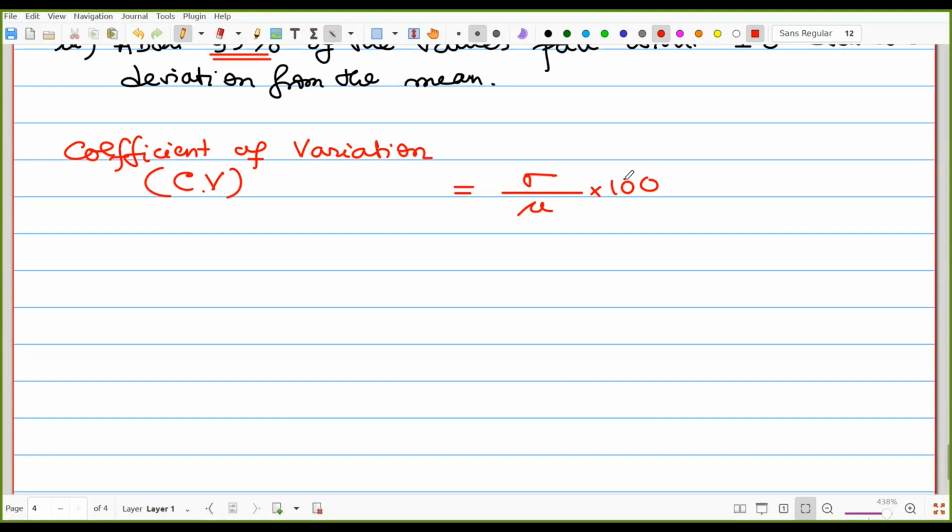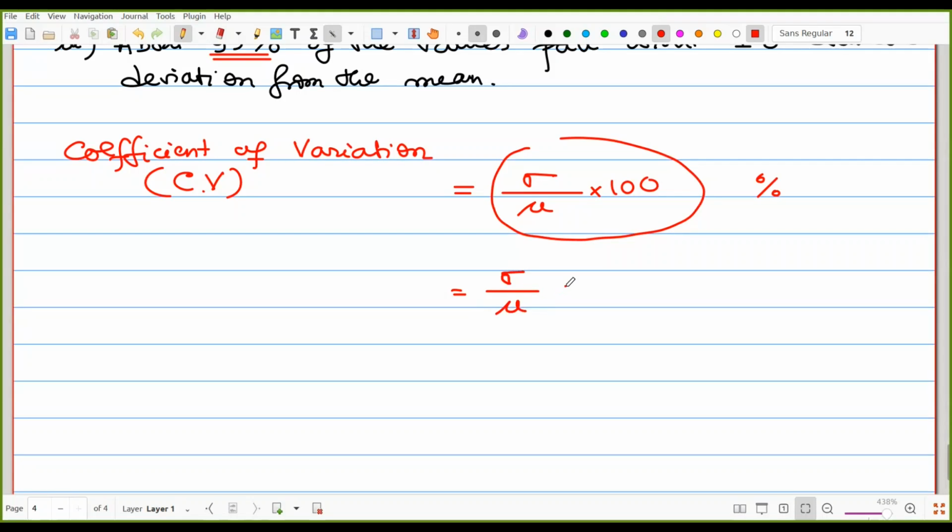Now, once again, you can think that that is a value. So coefficient of variation gives us that value. But when we are writing that value, that must be in percentage. So practically what is the meaning of percentage?